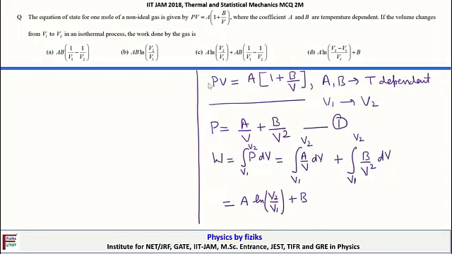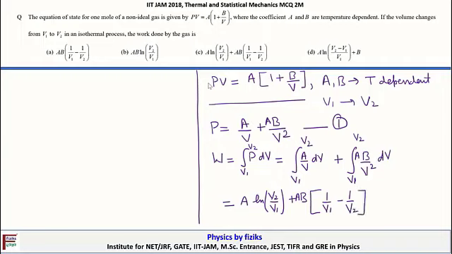that will introduce another negative sign. So ultimately we can rewrite this, sorry, I made a mistake here. So this is going to be equal to A ln V2 by V1 plus AB, and then minus 1 by V, with volume changing from V1 to V2, and that will finally result in 1 upon V1 minus 1 upon V2.